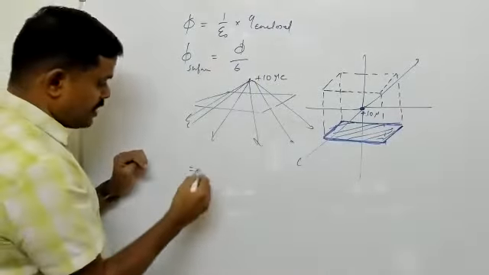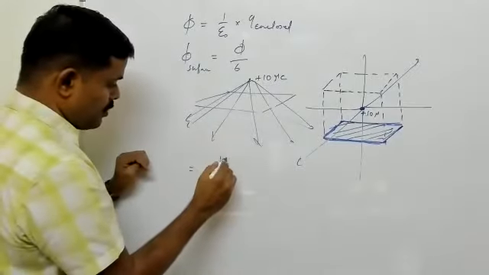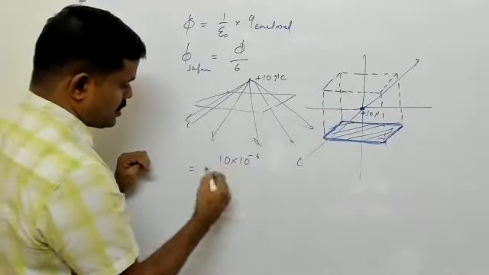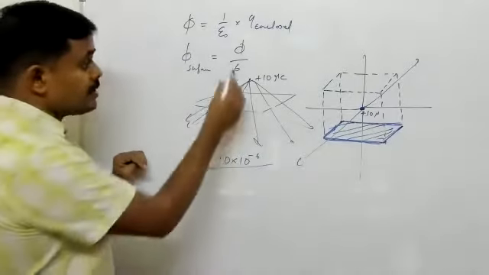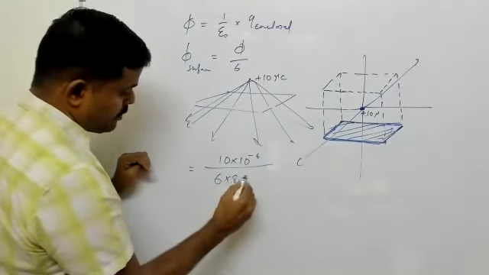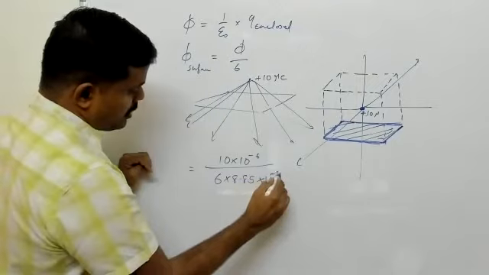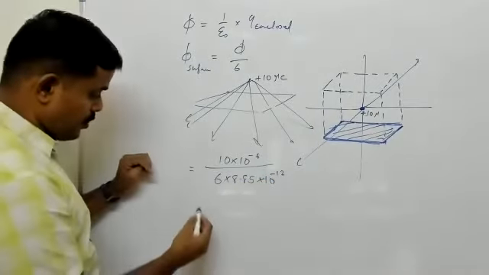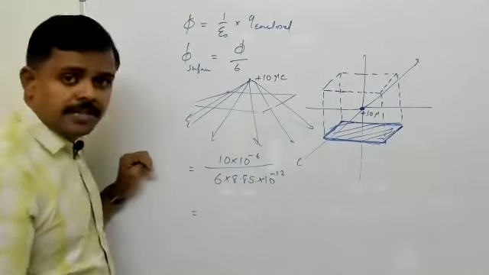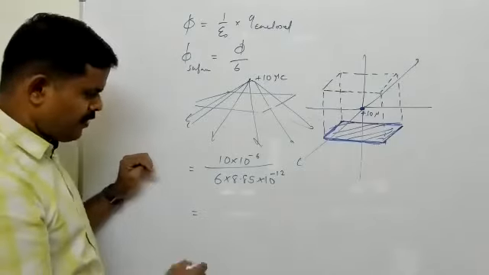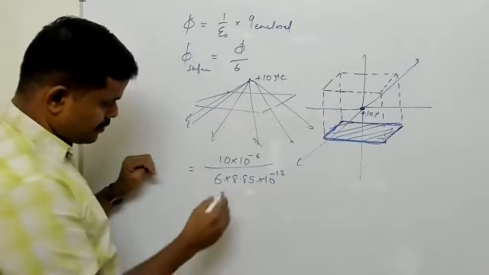So what do we get then? Q is 10 into 10 power minus 6, divided by 6 epsilon 0. Epsilon 0 is 8.85 into 10 power minus 12. So 6 into 8.85 is, 6 8s are 48, roughly 50. I take it as 50.